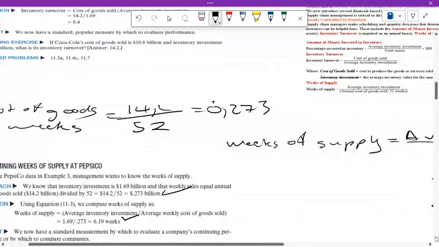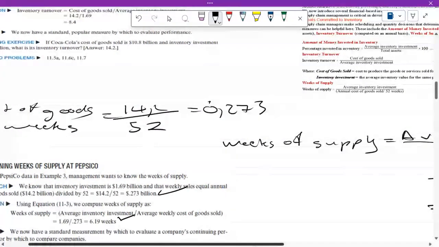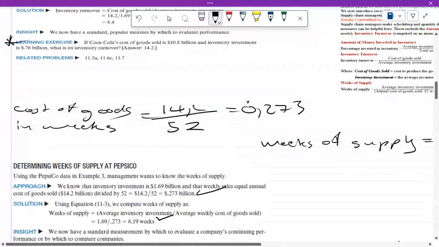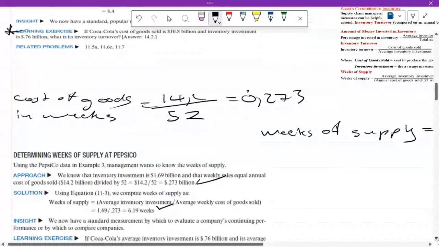We now have a standard of measurement by which we evaluate company performance, or which we use to compare companies. Right.